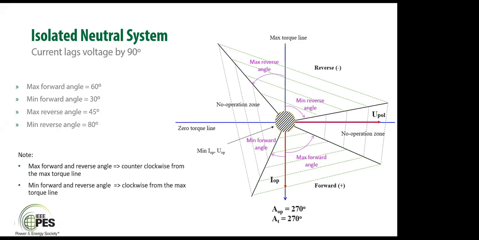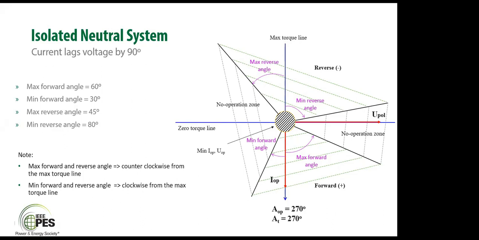There is always a minimum magnitude of polarizing voltage and operating current required to operate any switchgear. Anything below that threshold will not activate the switchgear, so below this minimum operating voltage, polarizing voltage and operating current, it will again be considered the no operation zone.